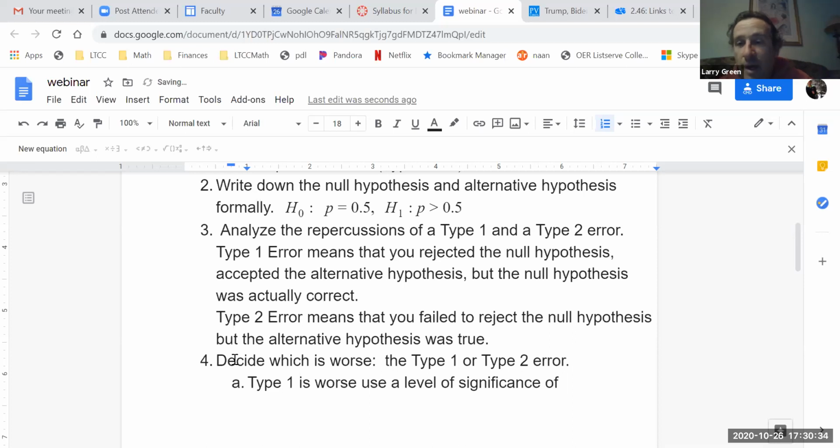So if type 1 is worse, then you want to make sure that you don't have a type 1 error. So then we're going to use a level of significance of 0.01. So B, type 2 is worse.